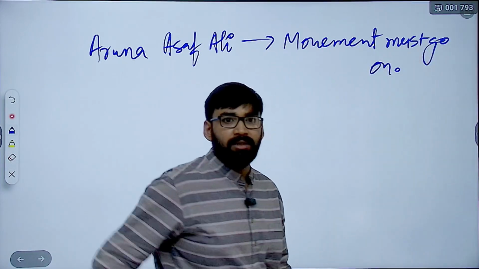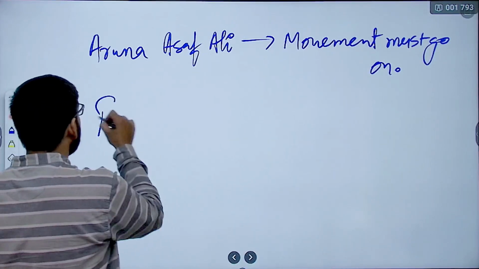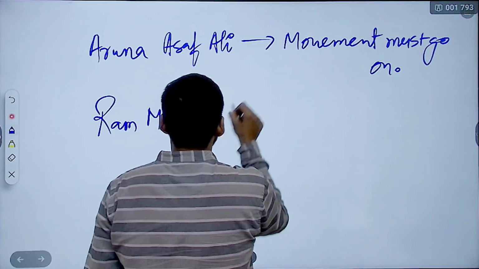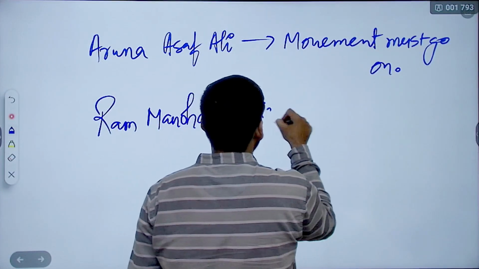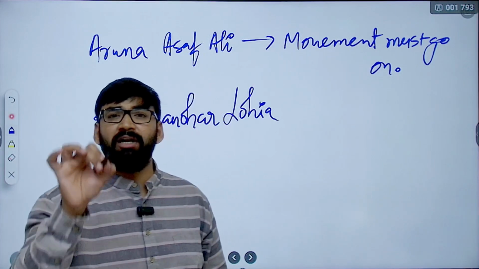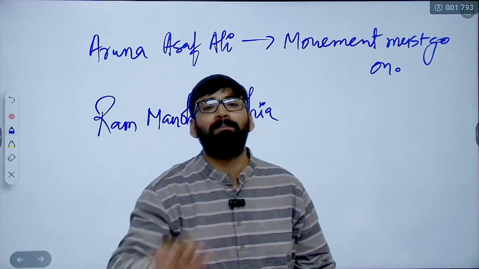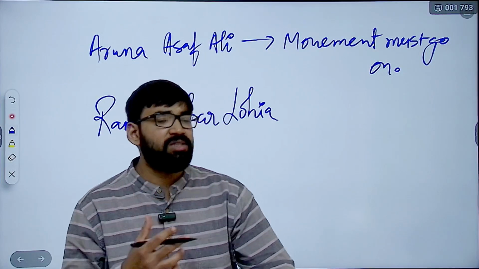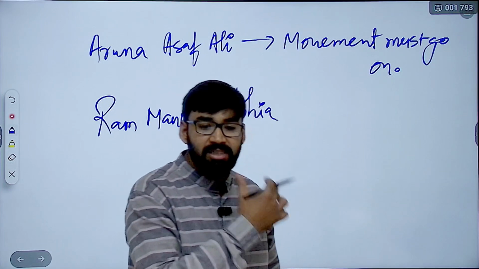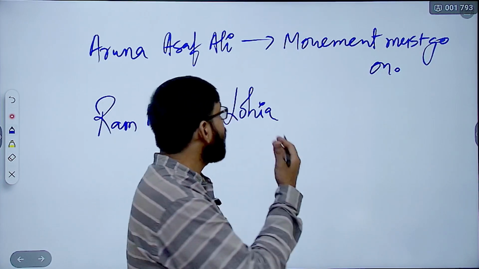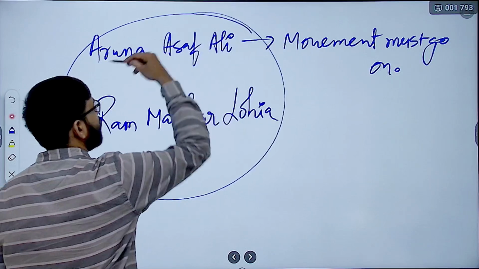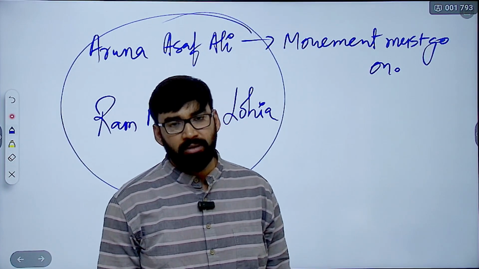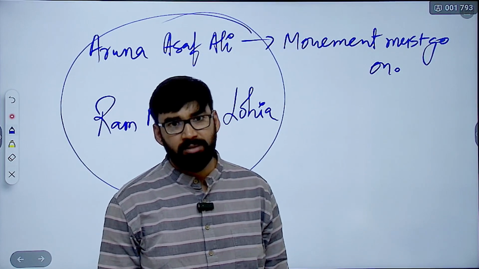Then Ram Manohar Lohia said, "Freedom will come through defiance, not pleading." These statements were made by the leaders who led the underground movement in the Quit India Movement. Understood?